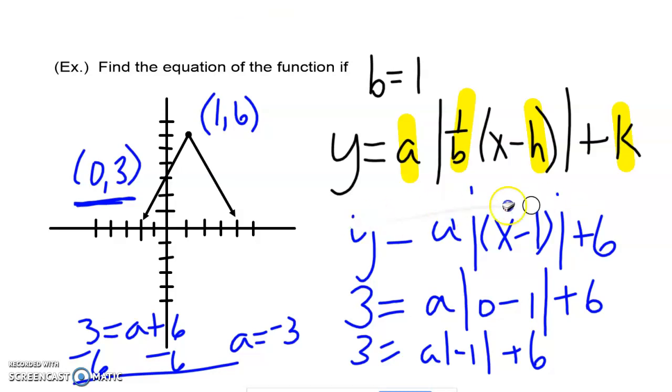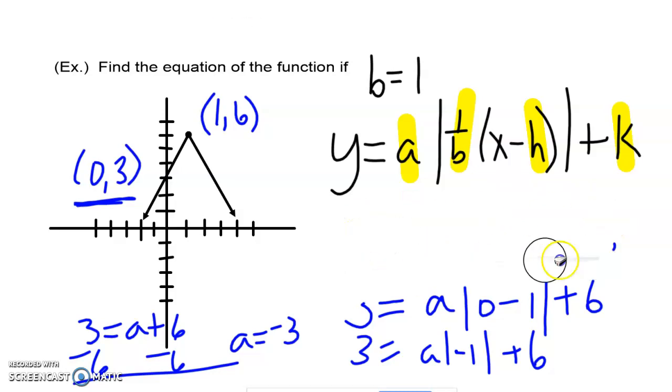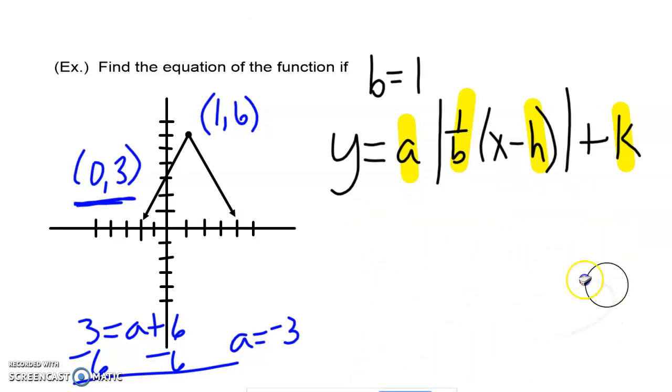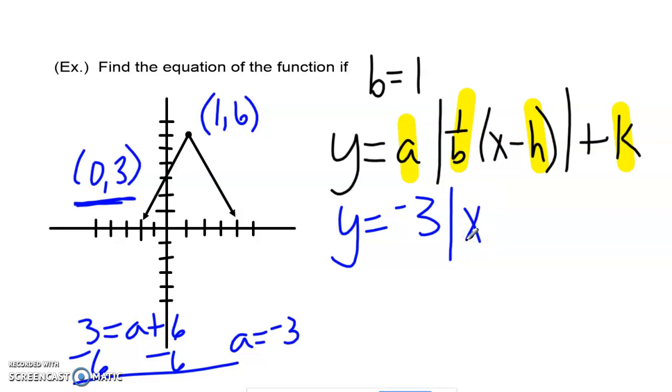So I've got to erase all this, sorry. And so my function is y equals, we said a was negative 3. 1 over b, b is 1, 1 over 1 is 1. We don't need to mess with that. We're going to plug in our h and k, which is our vertex, so x minus 1 plus 6.